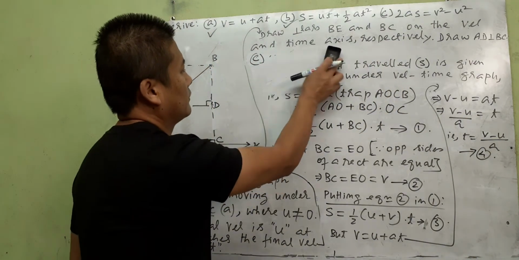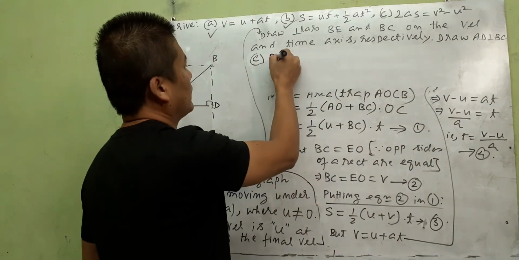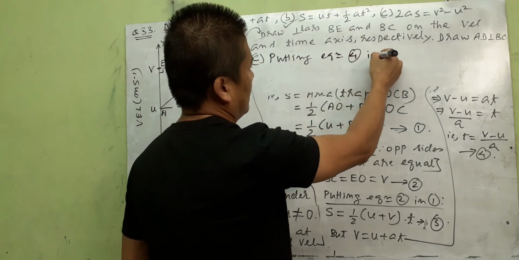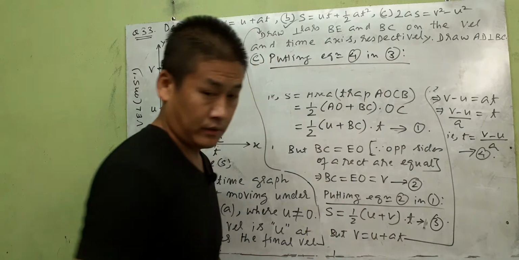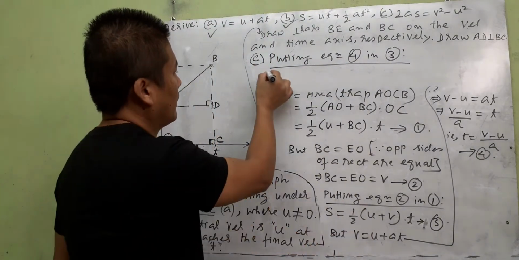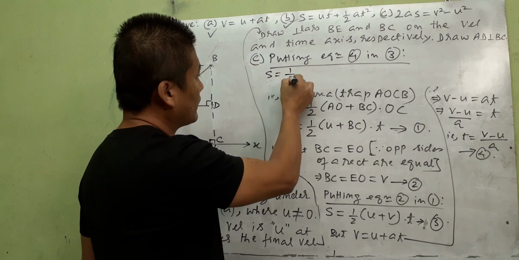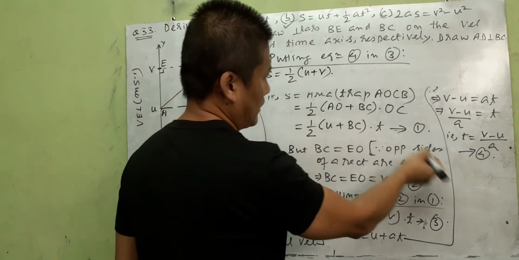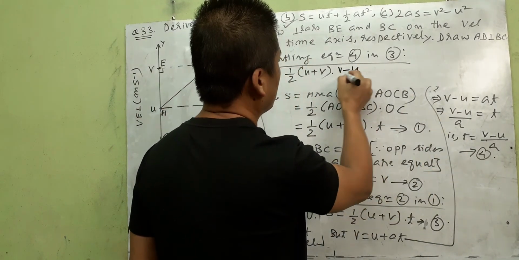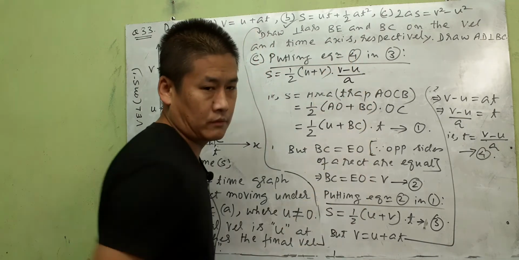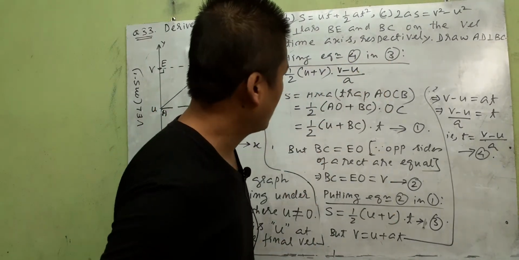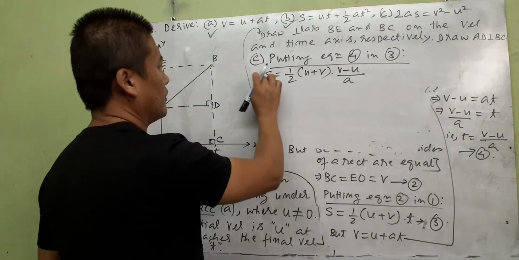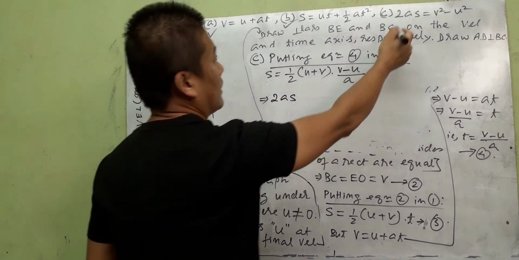Now putting this equation 4 value, which we got just now, in equation 3, we'll get almost the final answer. S equal to half into U plus V into T, and T can be replaced by V minus U divided by A. If you shift this 2A down, it will go up and multiply S and become 2AS.